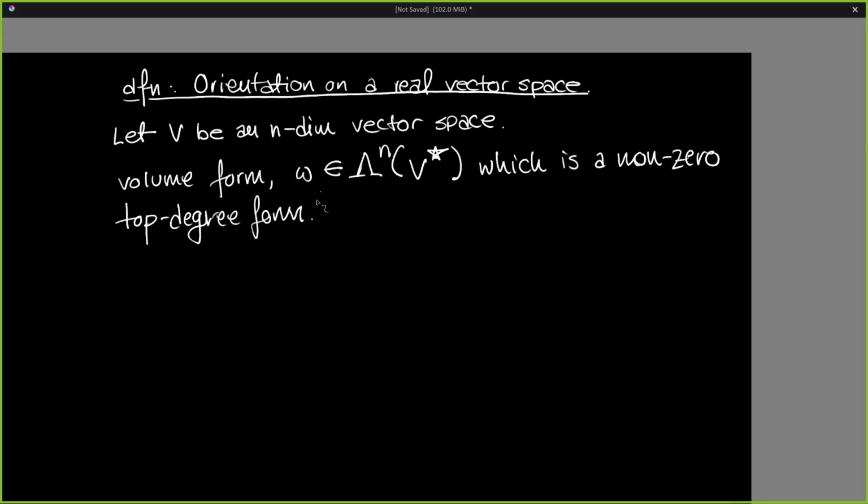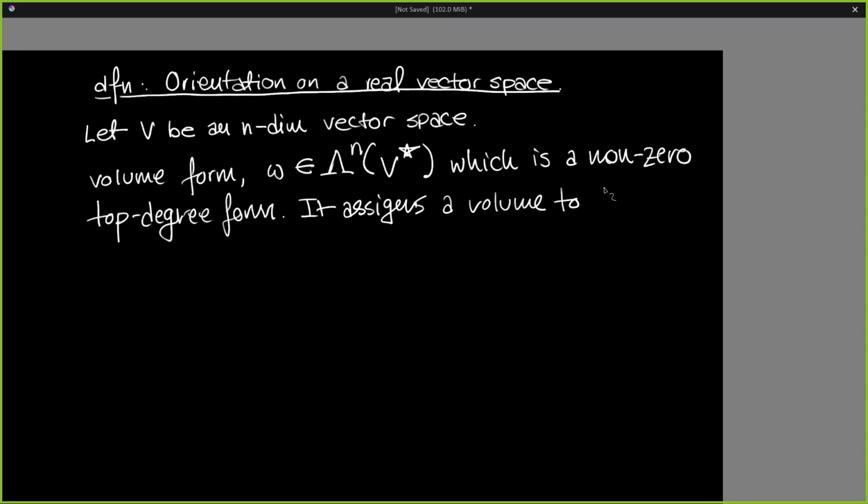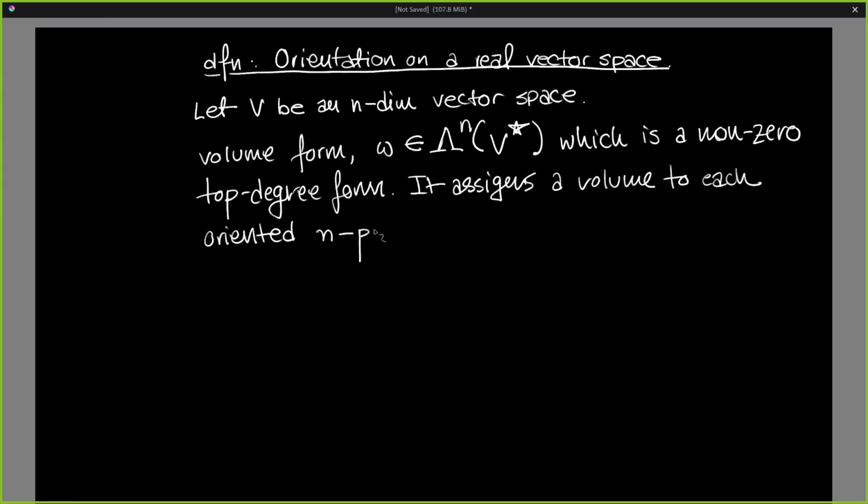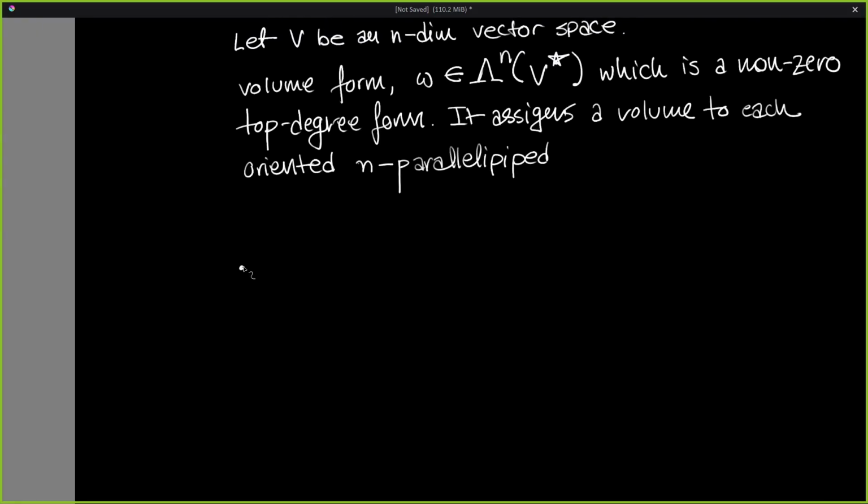So as we said, it assigns a volume, like a scalar, to each oriented n-dimensional parallelepiped, which is a shape that looks like this.